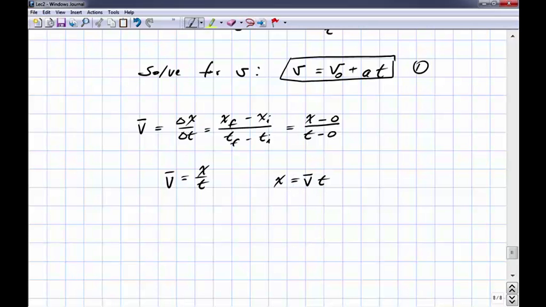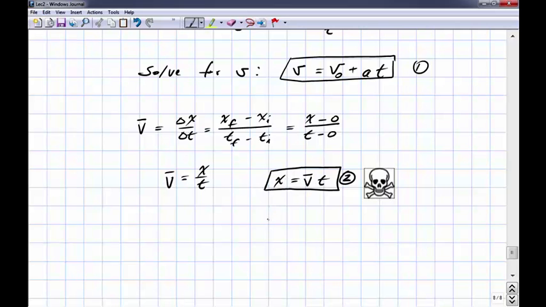Now, this equation is often abused. We have to be very careful about avoiding the abuse of this equation. This is equation number 2, and because it is so often abused, I'm going to introduce a warning sign. There it is. This is our warning. And the reason we have this warning is because sometimes students will introduce any velocity into this equation when in fact this equation will only accept average velocity.